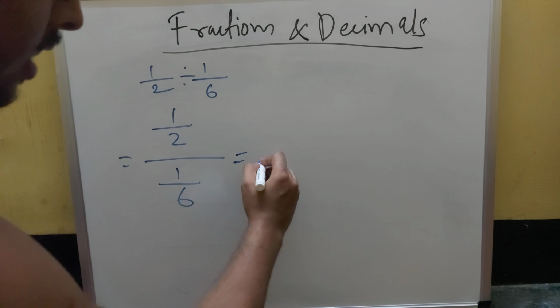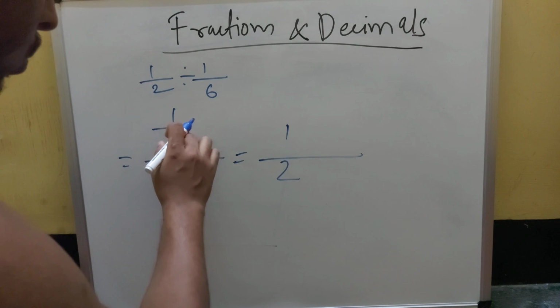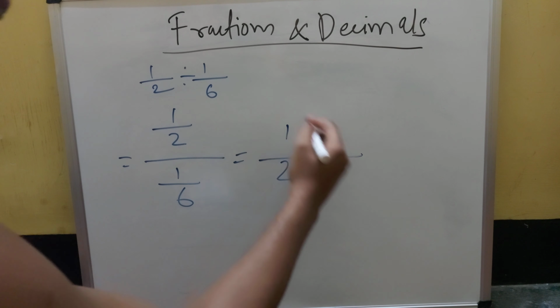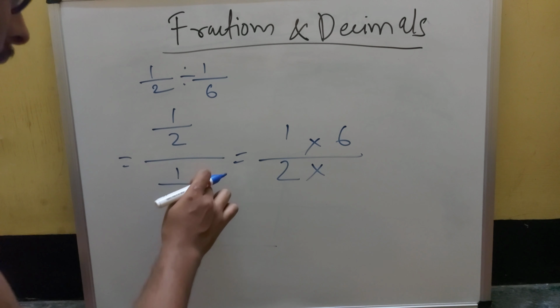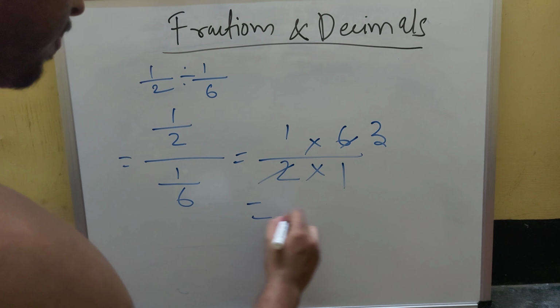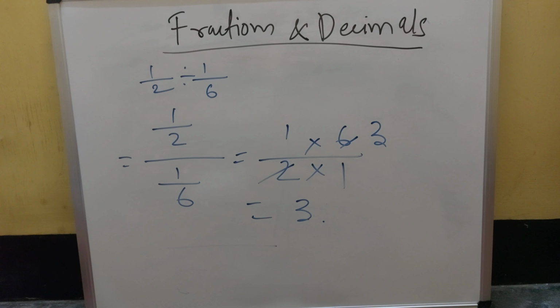We can write it this way also: 1 by 2 into 6 will go up, because 6 is the denominator of the denominator. It's how much? Simply 3. That's it. This is our answer. Class, am I clear or not?